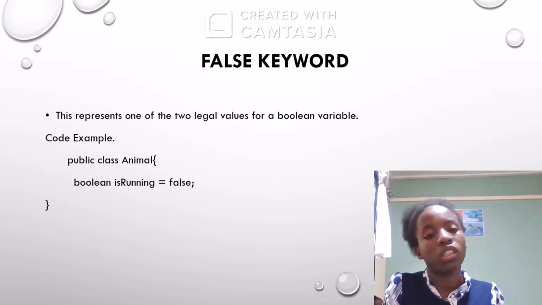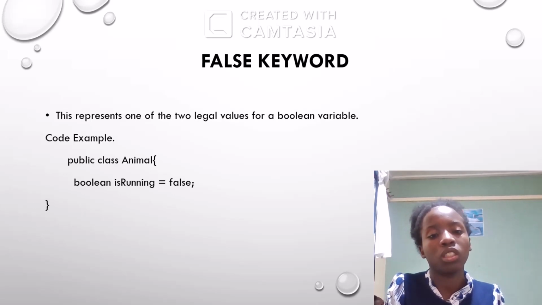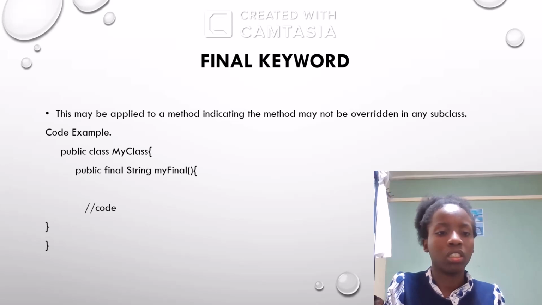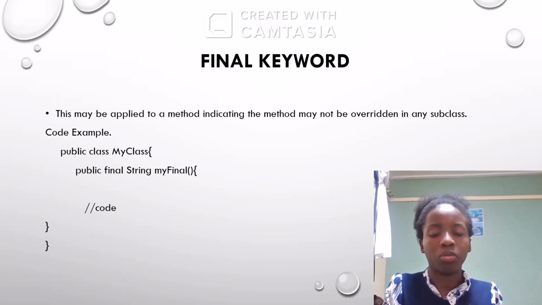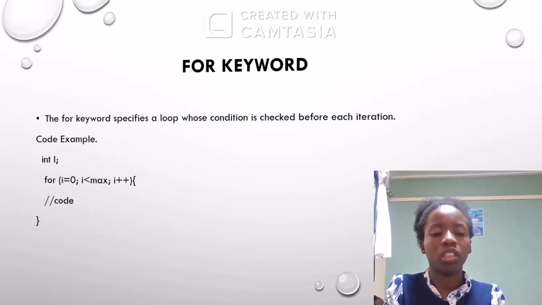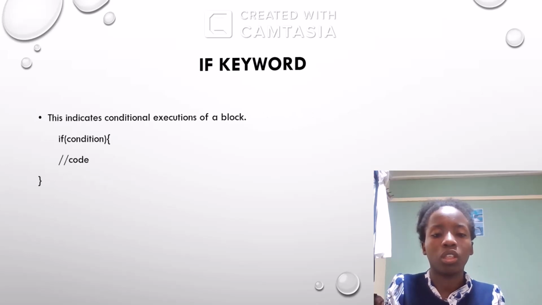Then false keyword. This represents one of the two legal values for a Boolean variable. Final keyword. This may be applied to a method indicating that the method may not be overridden in any subclass. For keyword. The for keyword specifies a loop whose condition is checked before each iteration. If keyword. This indicates conditional execution of a block.